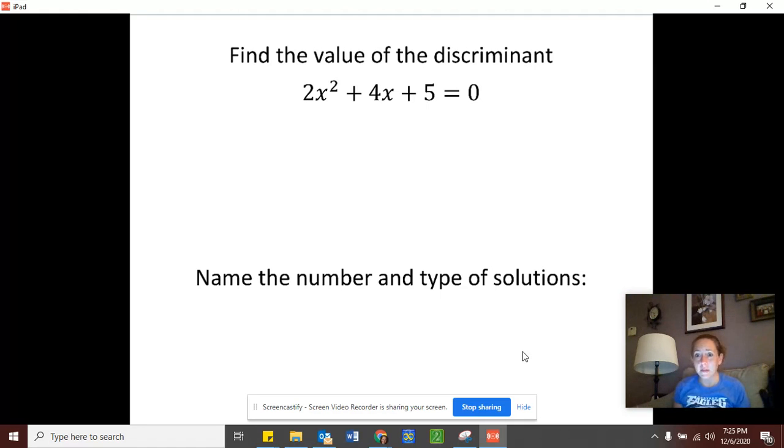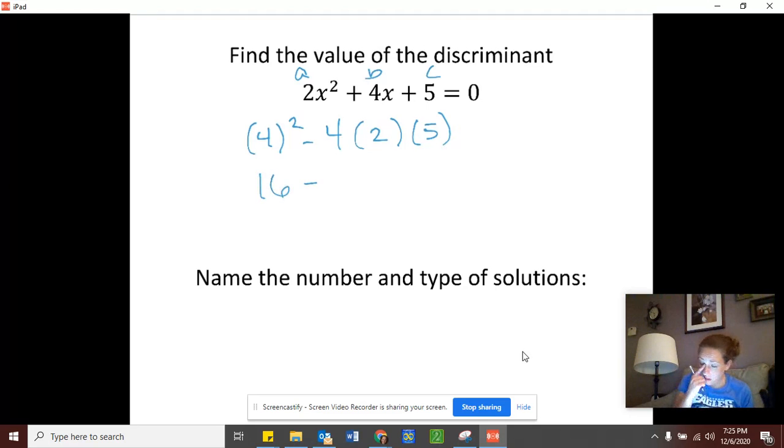Here's another one. Same thing. So A, B, and C. So I've got B squared minus 4 times A times C. So the 4 is part of the formula, but everything else I got from the equation. Okay. That'll be 16 minus 40, which is -24.